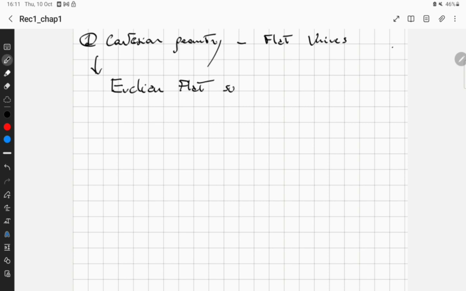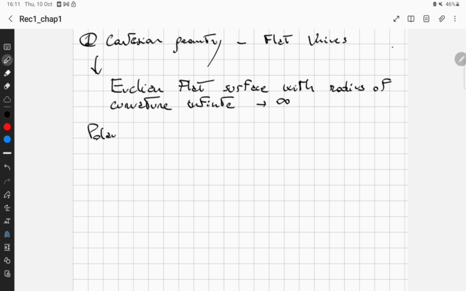So we have an Euclidean flat surface with radius of curvature infinite.